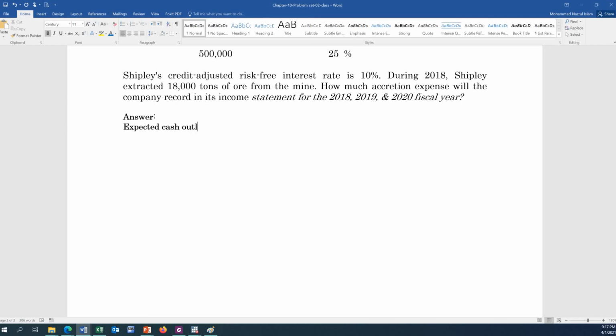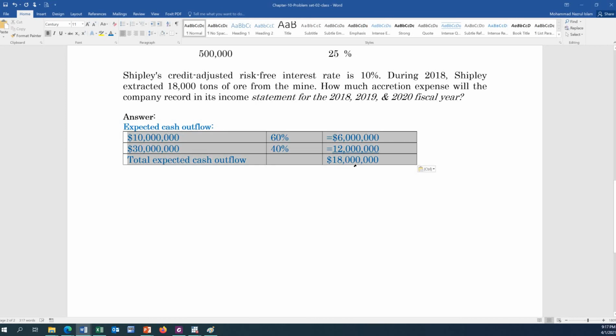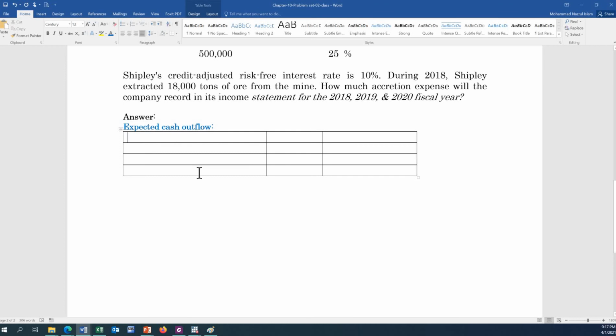So the expected cash outflow would be: the first one is 300,000 and the probability is 25%, and the total value is going to be 75,000.